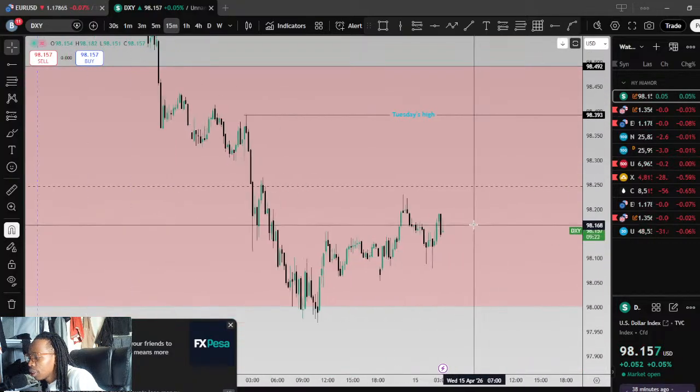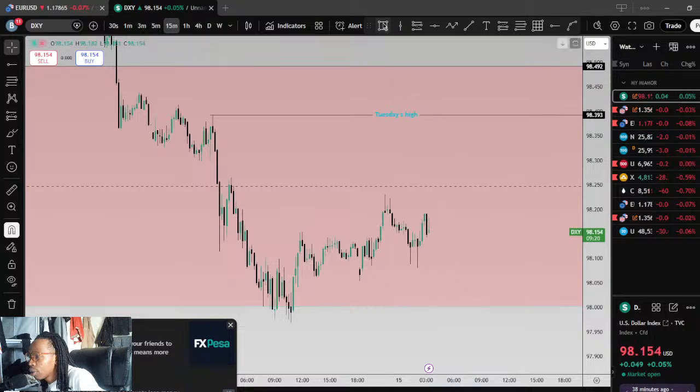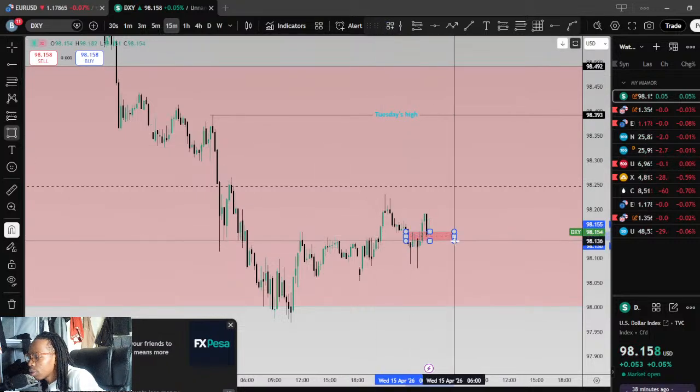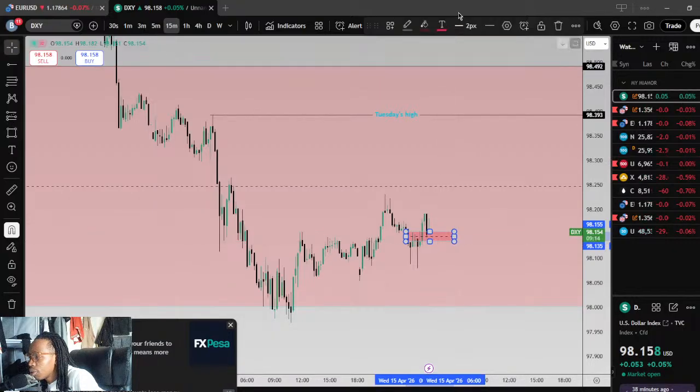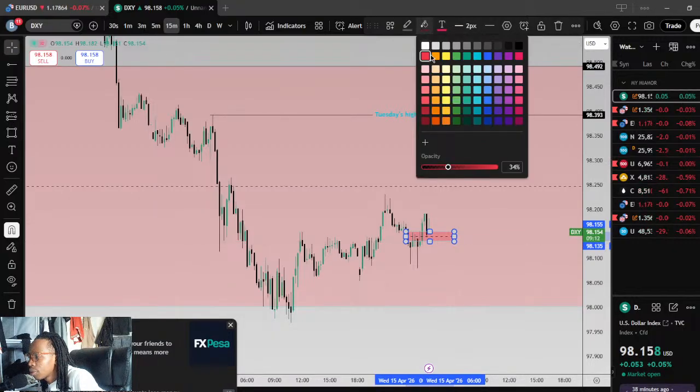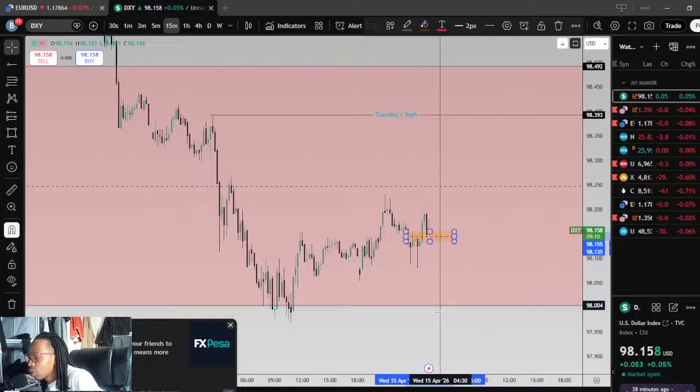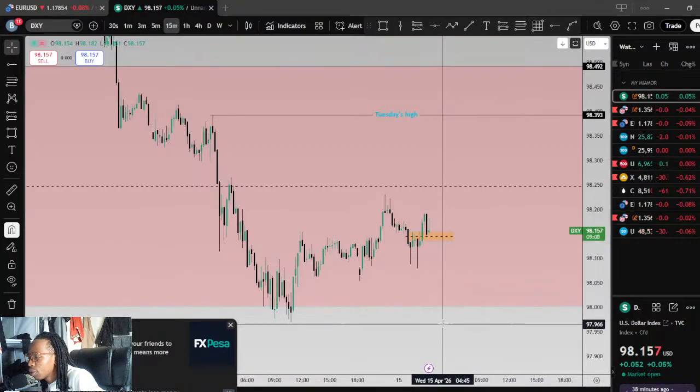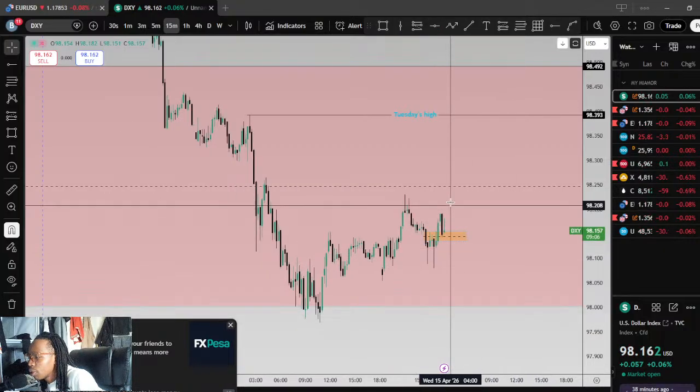So far we hold it. See what we have here. Small inversion here. It's not even inversion, it's a fair value gap. Looking for price to respect it.